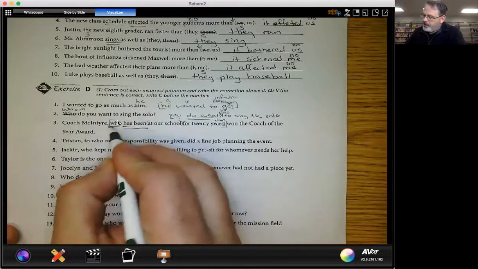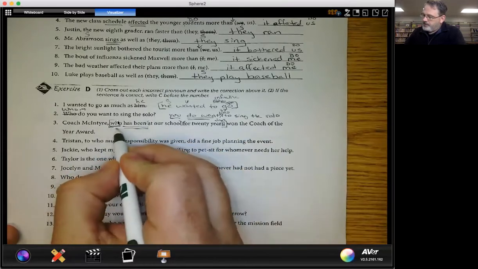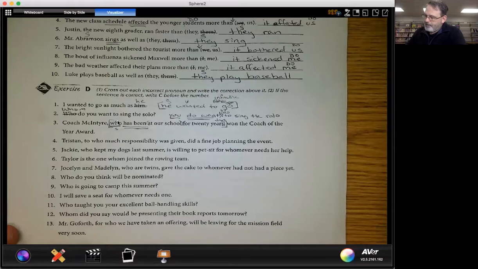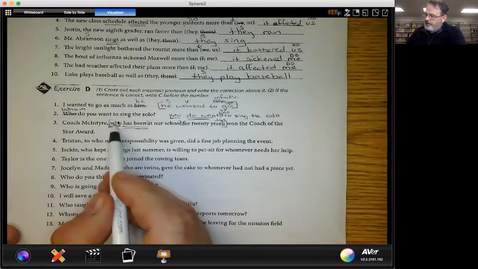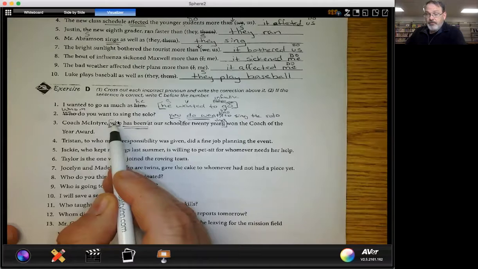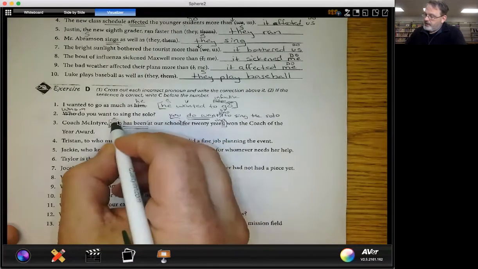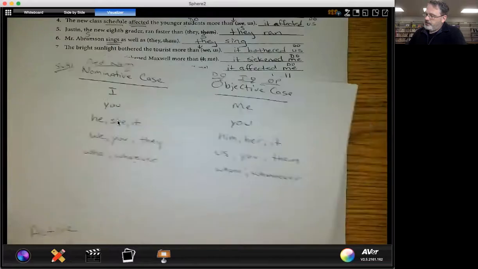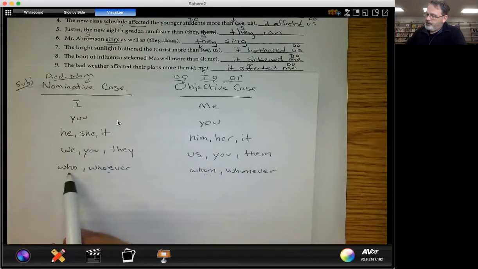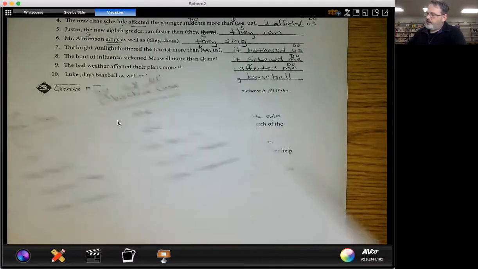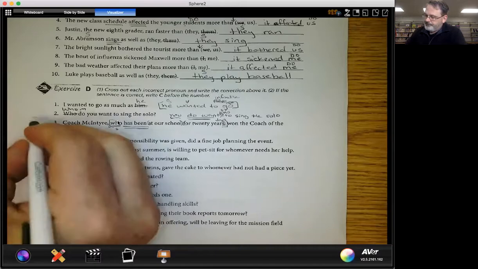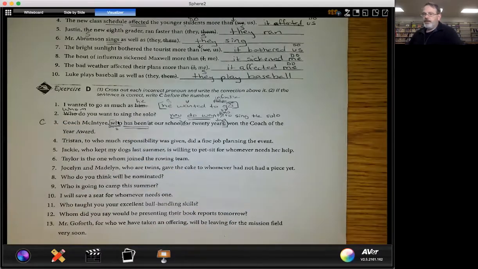So that means that who is the subject. Okay? That means that it should be nominative case because subjects and predicate nominatives are nominative case, right? So that should be nominative case. Which one is supposed to be nominative case? Who is nominative case, because whom is objective. That one's correct, isn't it? Because the appropriate case is being used.